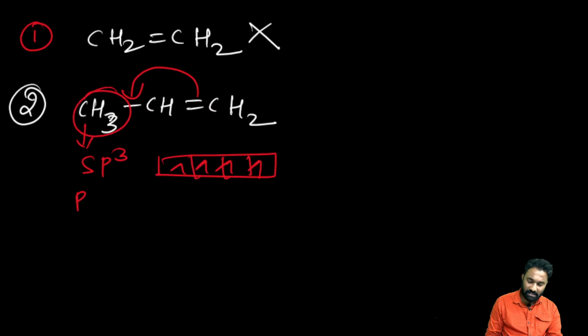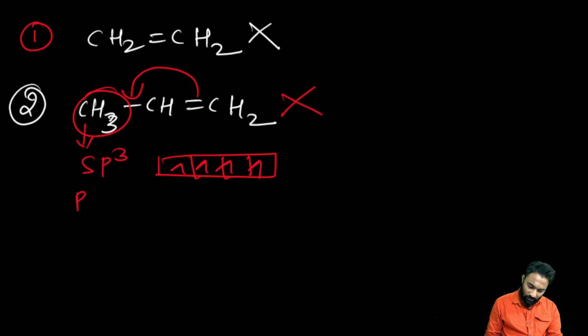So no conjugation. That is the reason I am saying: know in which compound conjugation or delocalization will happen and in which it will not. If that is clear for you, in the application part you will not make any mistake.